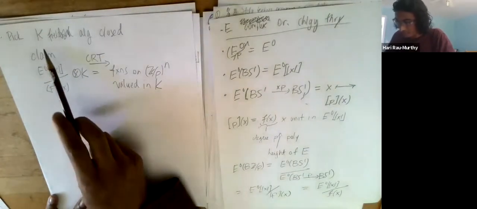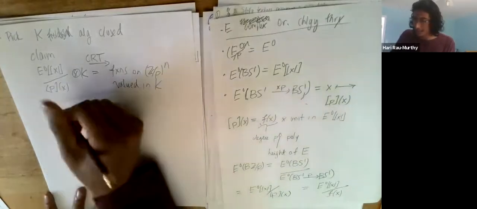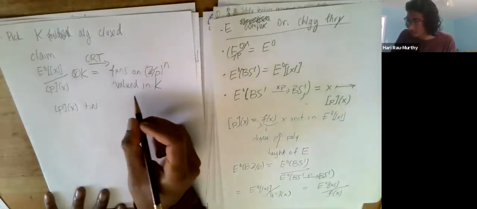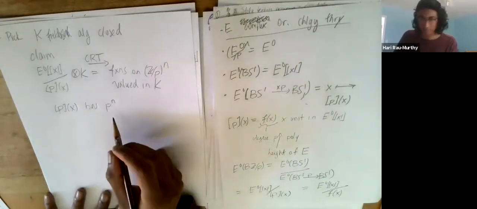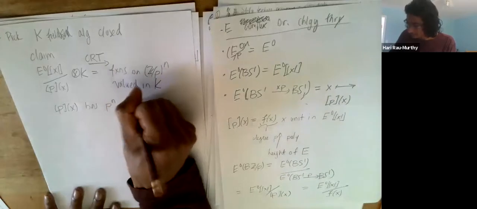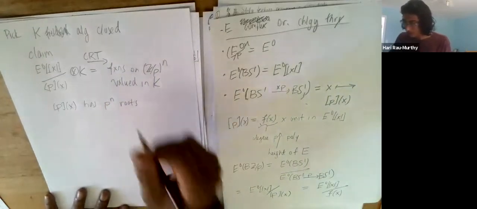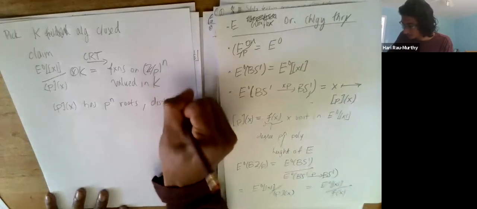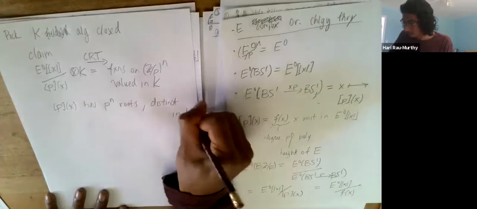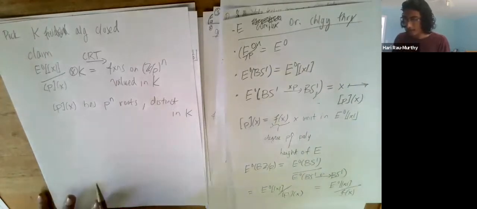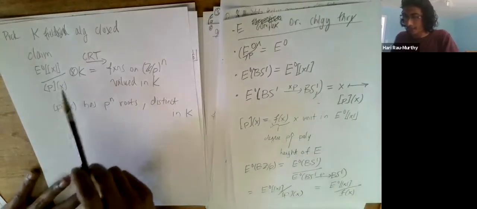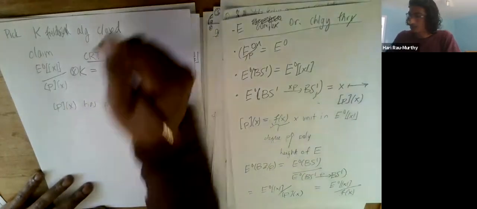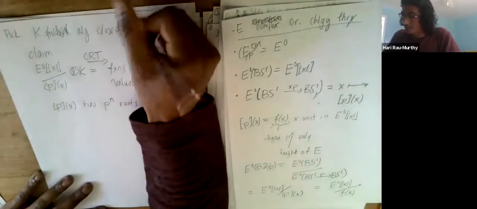Now what I need is that P of X has P to the N different places to evaluate it at, and I want them to be distinct in K. So in order to make sense of a root, I need K to have a topology, and that's going to be solved by making K an E naught algebra.